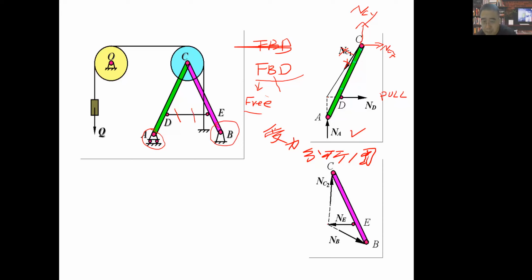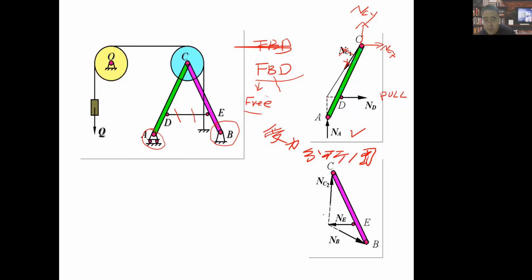So you can see the result is more like this, because actually you will find this ND and this NE are a pair of action and reaction forces, right? They have opposite directions and equal magnitude, right? So this will help us simplify the process of figuring out the magnitudes of ND and NE.